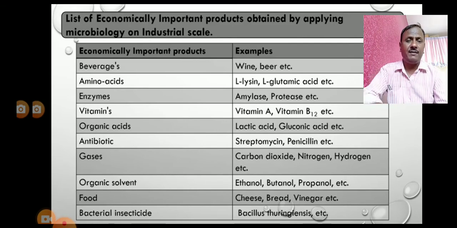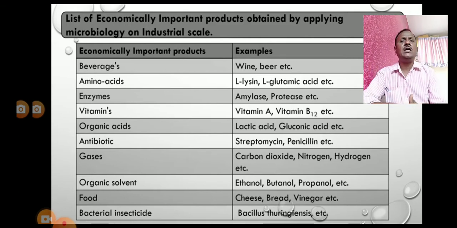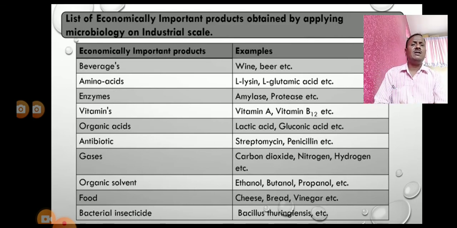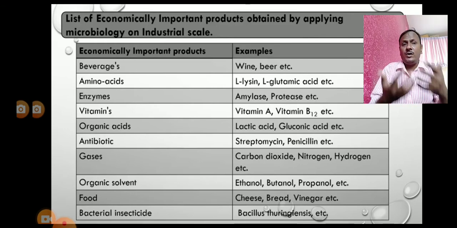This is the list of economically important products obtained by applying microbiology on industrial scale. For example, beverages like wine, beers, then rum. These products are produced by microorganisms.